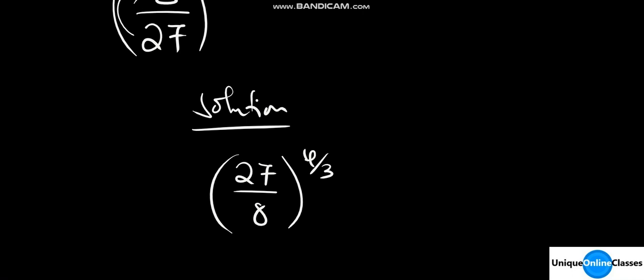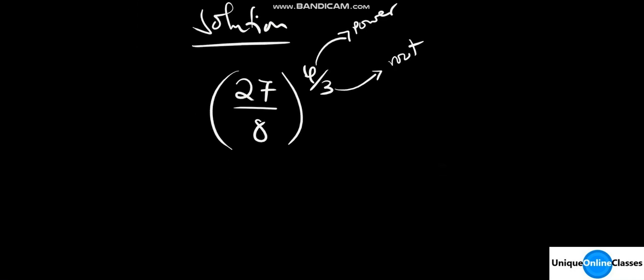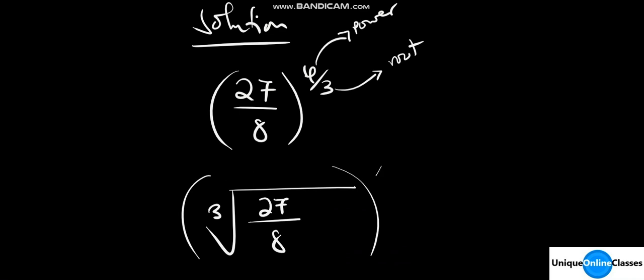Now from what we just did, this one will be our power and this one will be the size of our root. That's the size of our root. So we take the cube root of 27 over the cube root of 8, then apply the power 4.